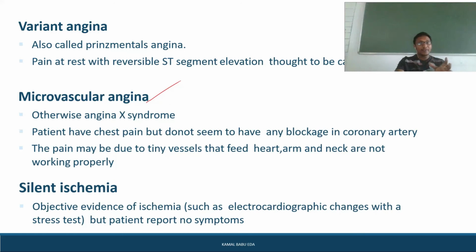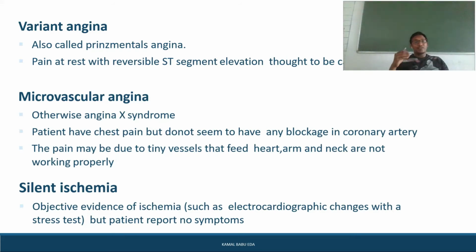Coming to variant angina, this is also called Prinzmetal's angina. Here there is pain at rest with reversible ST segment elevation, thought to be due to coronary artery spasm. Coming to microvascular angina, it is otherwise called angina X syndrome.